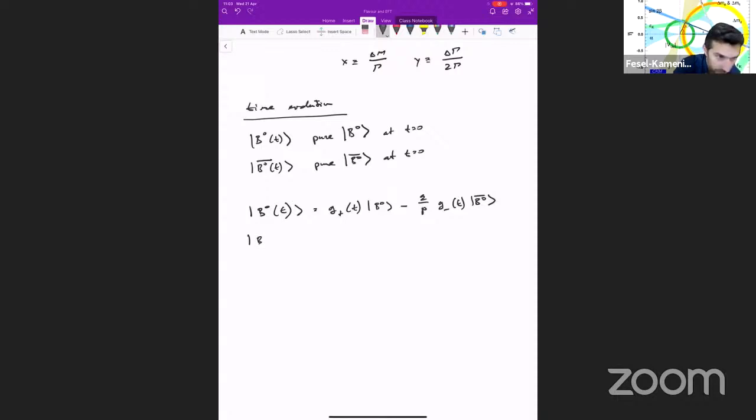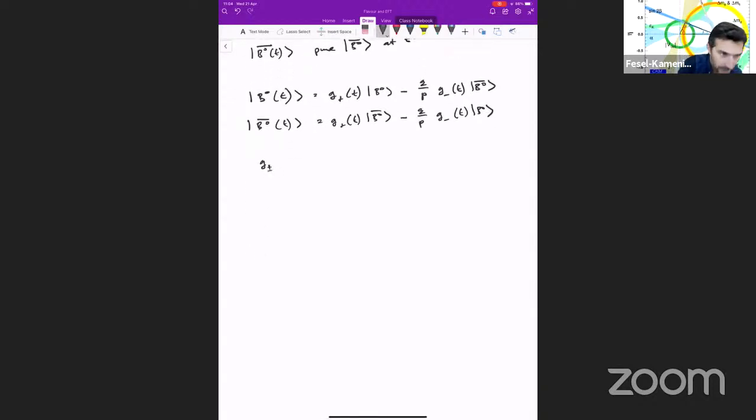And similarly, B⁰ bar(t) is given by g plus of t times B⁰ bar minus P over Q times g minus of t times B⁰, where these time functions g plus minus of t are given by 1/2 e to the minus i m_H t minus 1/2 Gamma_H t, plus minus e to the minus i m_L t minus 1/2 Gamma_L t.